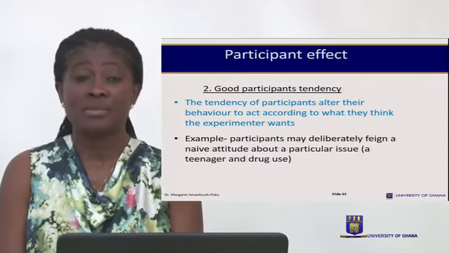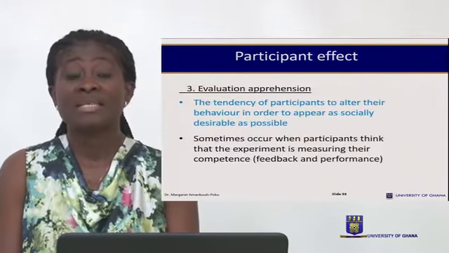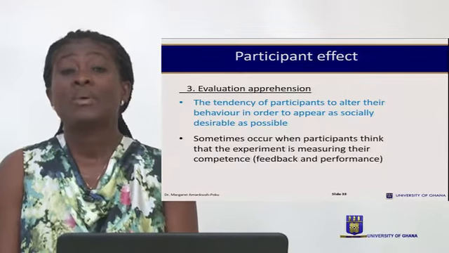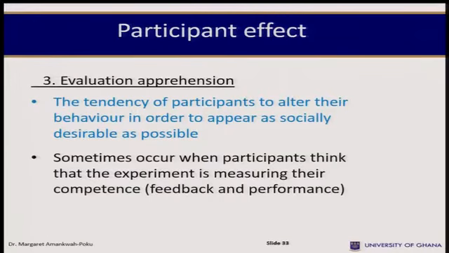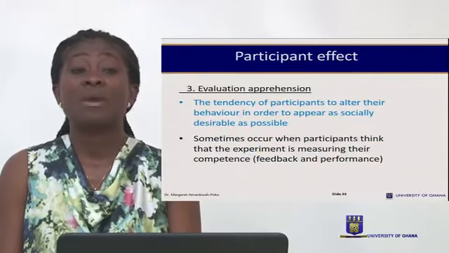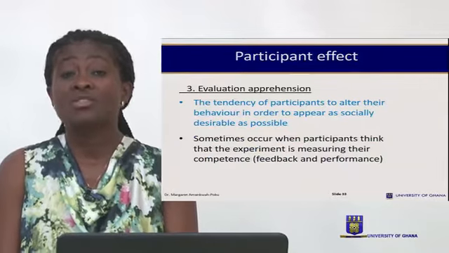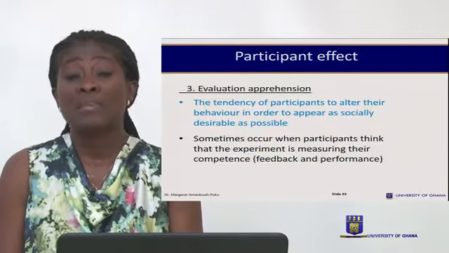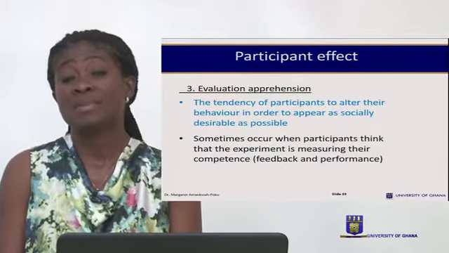The third one is evaluation apprehension, which is the tendency of participants also to change their behavior in order to appear as socially desirable as possible. And what this means is that sometimes participants think that the experiment is measuring their competence. So again, they want to appear as competent as possible.